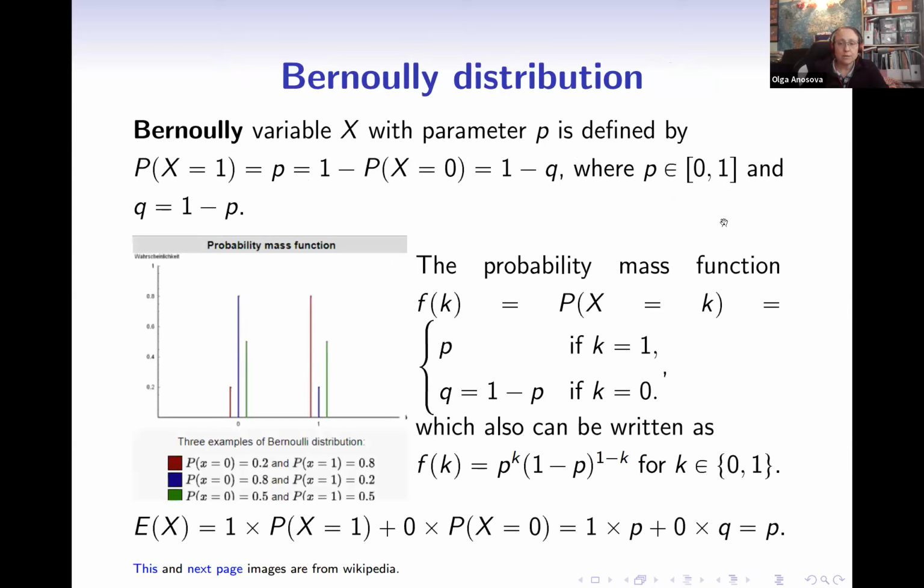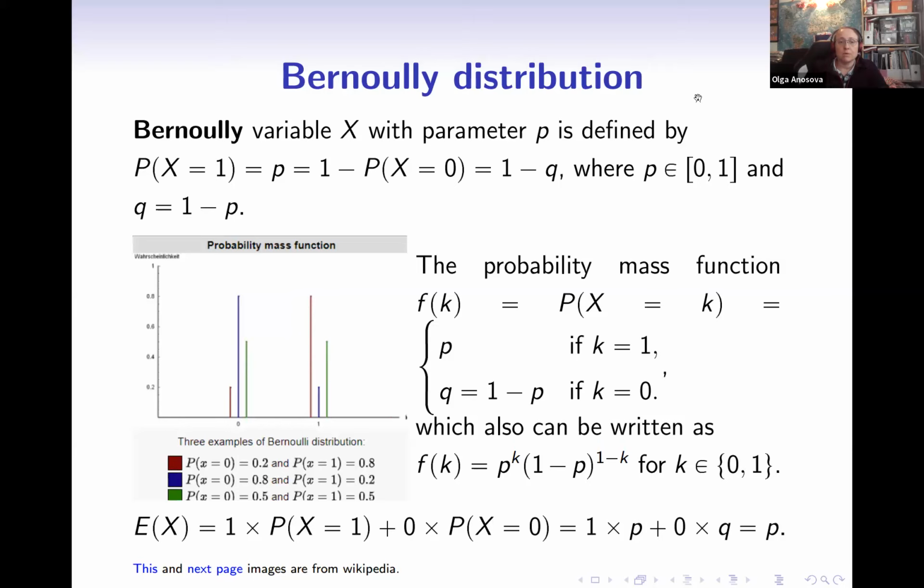So the first well-known example is the so-called Bernoulli distribution. And that's what we deal with when we throw a coin, especially if this coin is not a fair one. Because Bernoulli distribution describes a variable with 2 outcomes, with each outcome having some kind of probability, which we call a parameter.